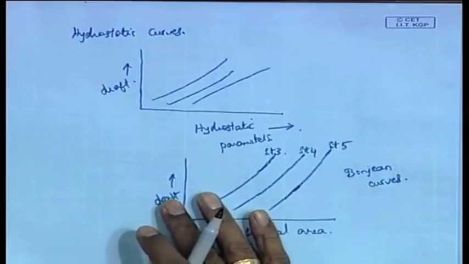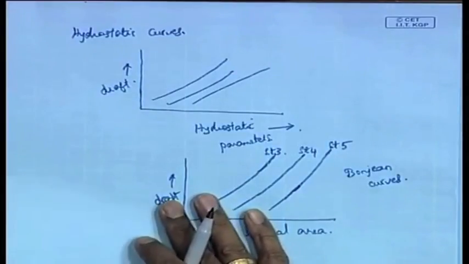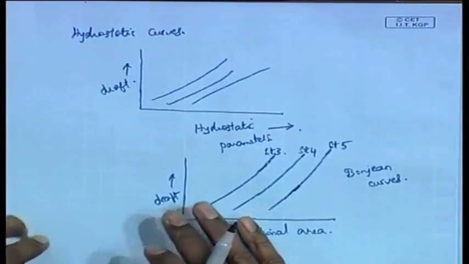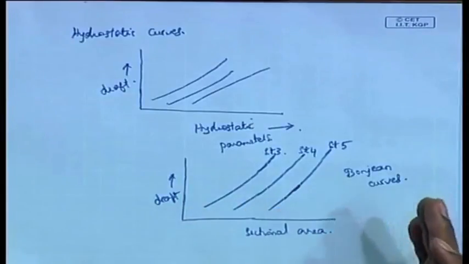Then sometimes usually you draw different curves, that is at different stations, starting from one station 0, for instance the aft station 0, 1, 2, 3, 4, 5, like that.